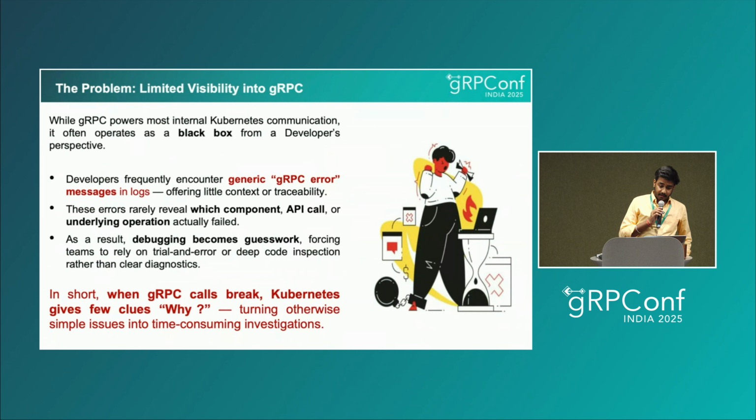You then end up playing detective, checking the CSI controller logs, inspecting node permissions, and sometimes even digging into the driver source code just to trace this simple issue, right? This process has now turned into hours of debugging. In short, when a gRPC call breaks, it gives us no clue why it is actually breaking, turning an otherwise simple issue into a time-consuming investigation.